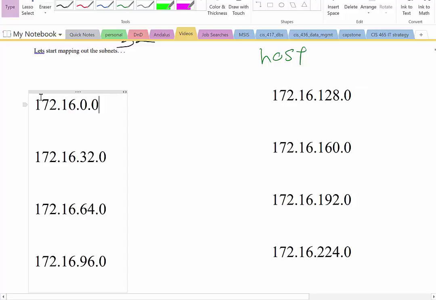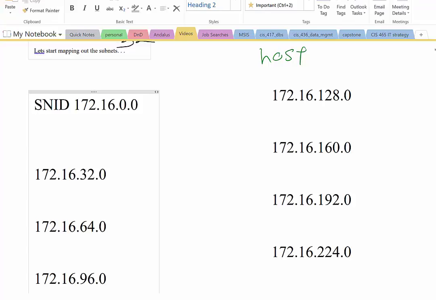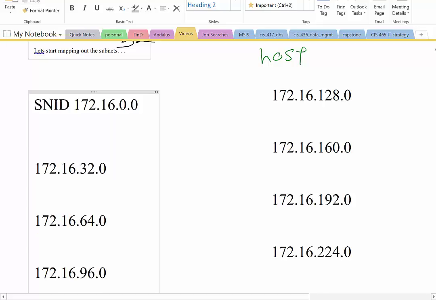All right, now usually the way that I do this is I write out the subnet ID because that's easy enough. I just keep adding 32 to each number. Then I like to put in the first and the last and the broadcast for each subnet. So I'm going to do this a little bit smaller so that it's easy to see.